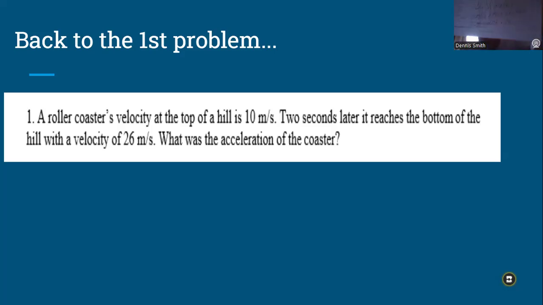So 26 meters per second equals 10 meters per second plus 2a. Now just solve. It's algebraic. Easy algebra.